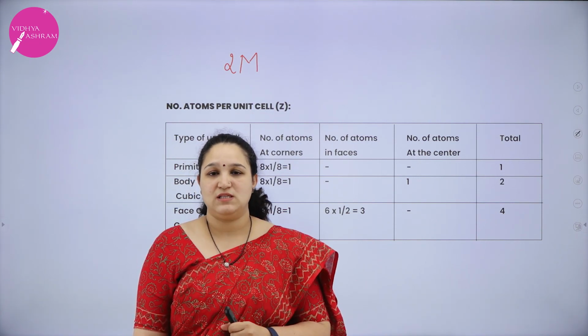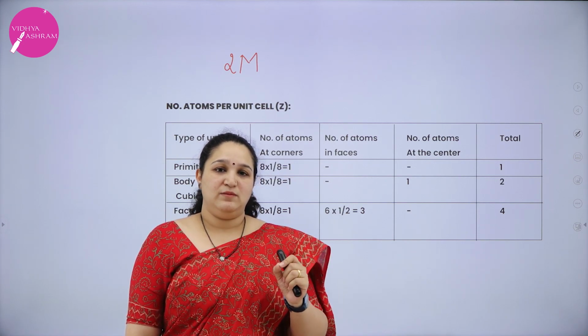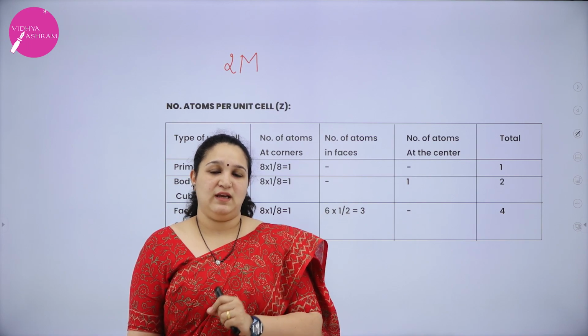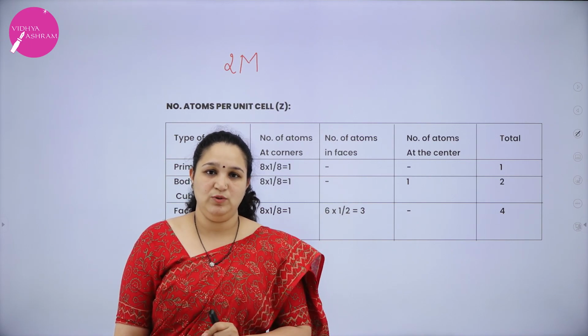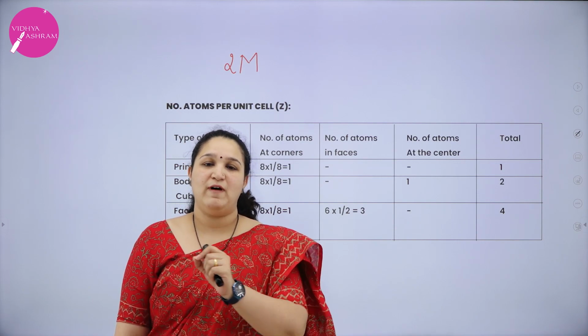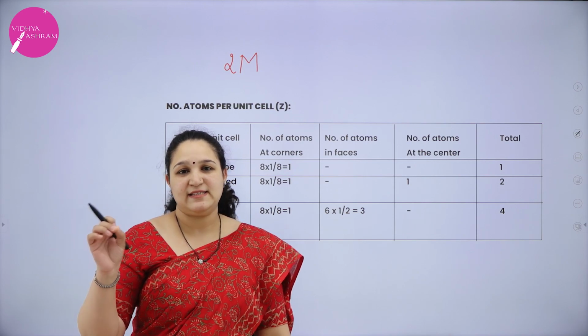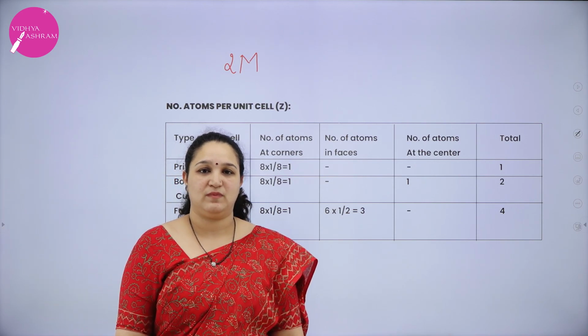How will you answer? You have to write number of atoms per unit cell in a simple cube is equal to 8 corner particles into 1/8 of the portion is equal to 8, and 8 gets cancelled, you will get 1 atom. Correct?